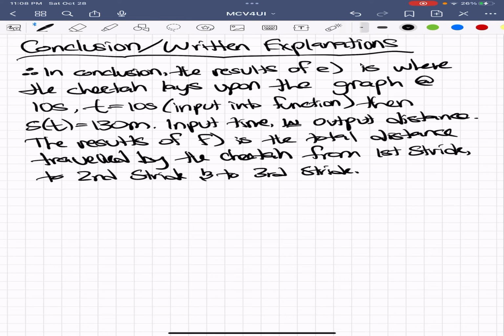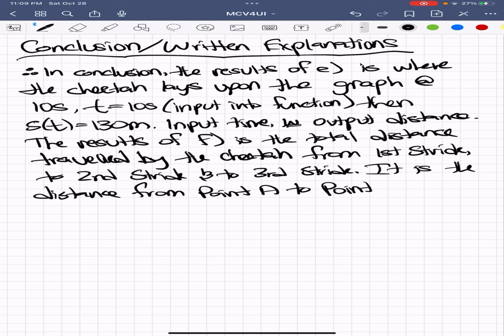It is the distance from point A to point B, from point B to point C, and from point C to point D.